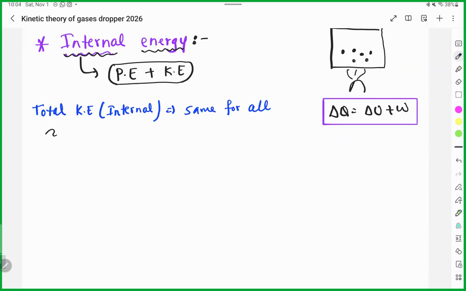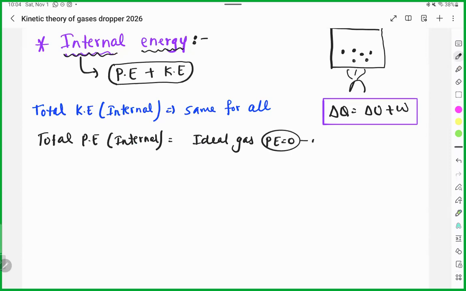But what will be the impact on the total potential energy, Arpit? Internal potential energy. गैस में जीरो होगा, आइडियल गैस में. Yes, in case of ideal gas, potential energy will be maximum and it will be zero.